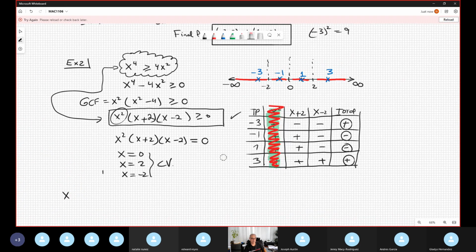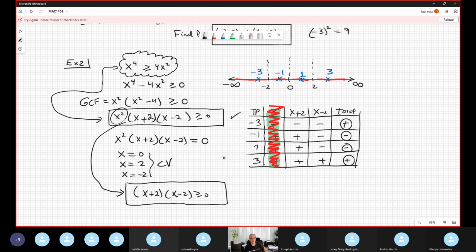Look, you detect, wow, exponent 2, and now you rewrite the new inequality like that: x plus 2, x minus 2, greater than or equal to 0. This is my new problem. It gets easier than this. However, it's the same answer because you omit the factor that contains the even exponent.